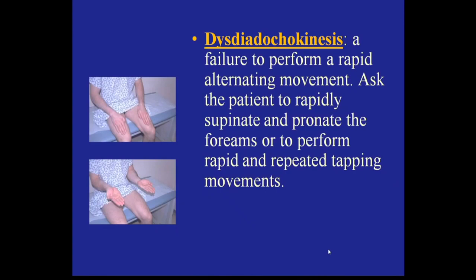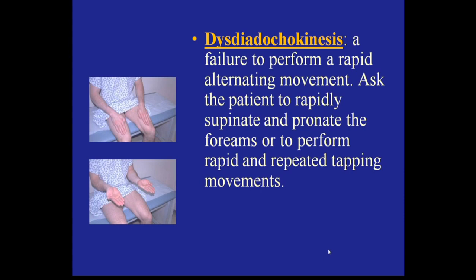The next symptom of cerebellar ataxia in upper extremities is diadochokinesis or kinesia, or adiadochokinesia.